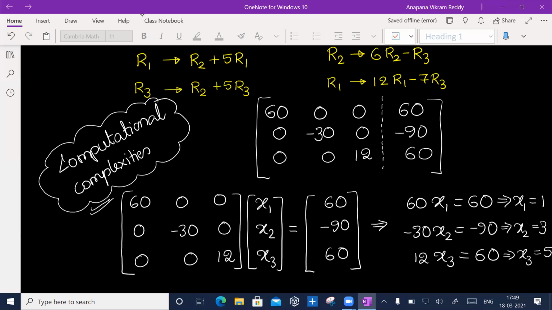Did you check this? Is our answer 1, 3, 5 correct? Plug it into our system: 1 plus 3 plus 5 is 9. The first equation is satisfied, and likewise the remaining.